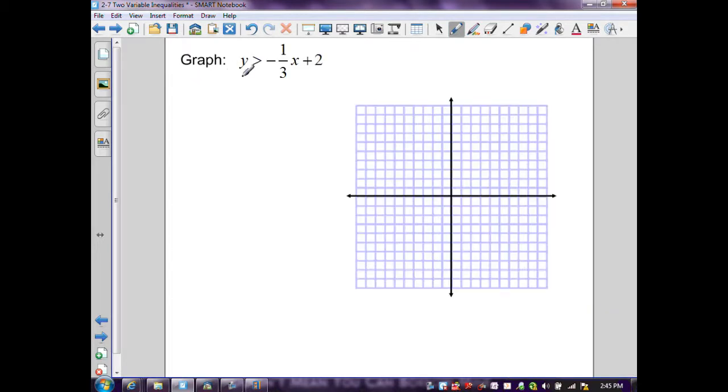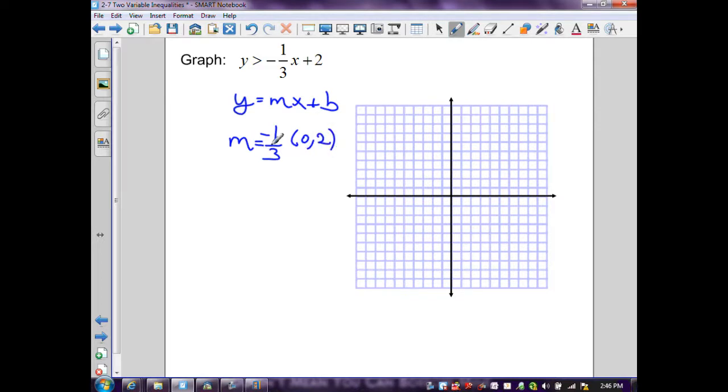Let's graph this inequality: y is greater than negative 1/3 x plus 2. Recall from our previous sections that y equals mx plus b is slope-intercept form. Here I know that my slope is negative 1/3, and my y-intercept is (0, 2).